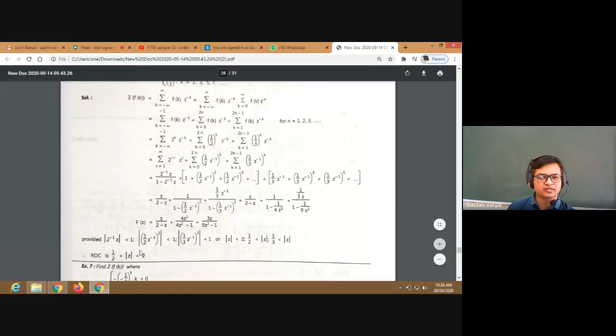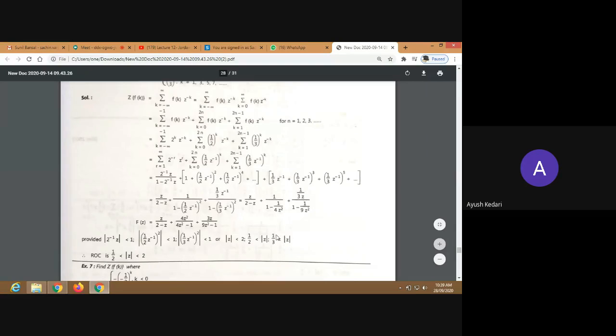That is what I'm asking. This is a combined ROC for all the three subparts. So where does 1 by 3 less than mod z go? Sir, it is included, because 1 by 2 means 0.5 and 1 by 3 means 0.3. Exactly, that is what I'm asking actually.